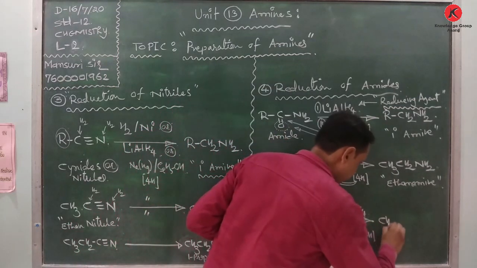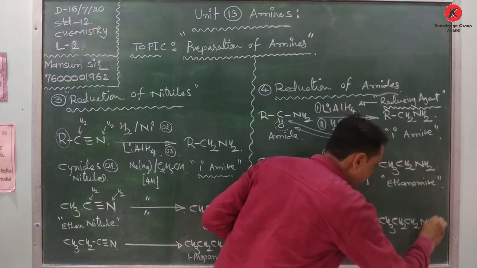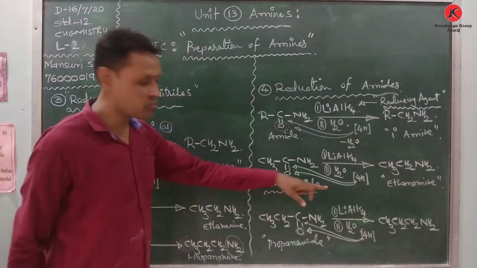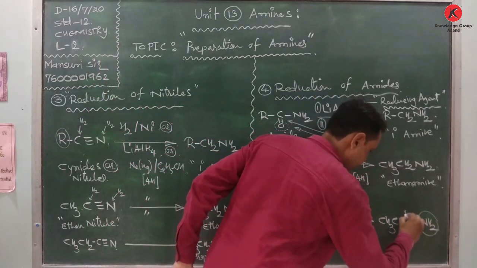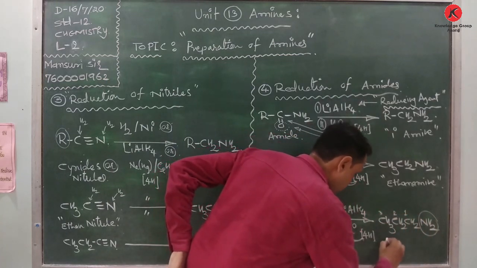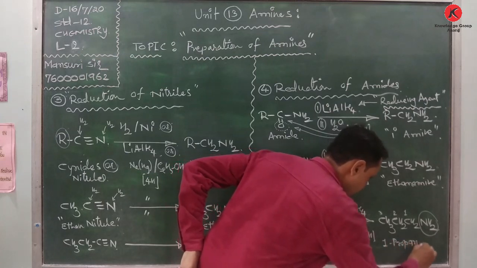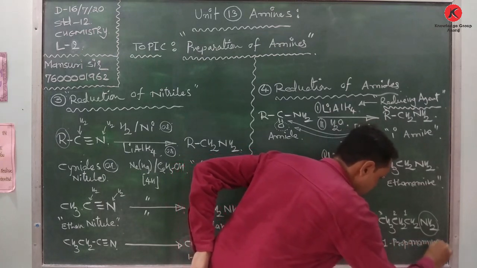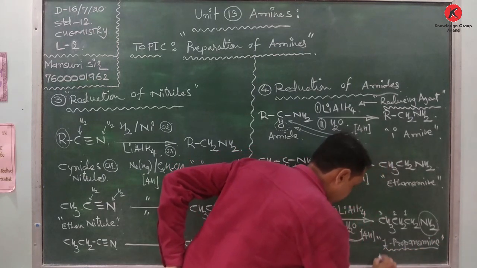That is why CH3CH2CH2NH2 is formed. This is my primary amine, propan-1-amine. This is carbon number 1, 2 and 3. 1-propanamine you can say, or in other words, propan-1-amine.